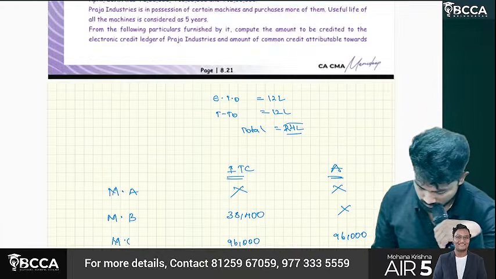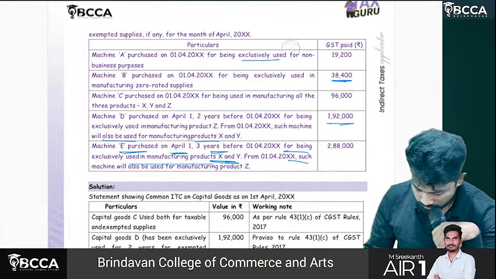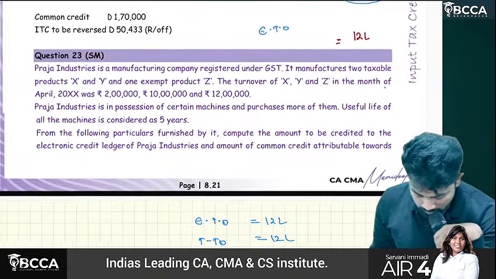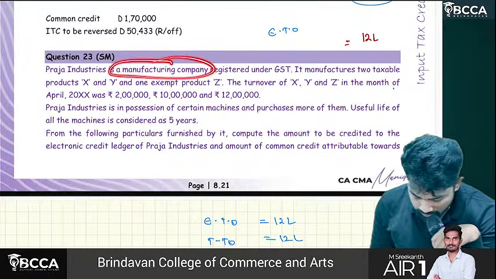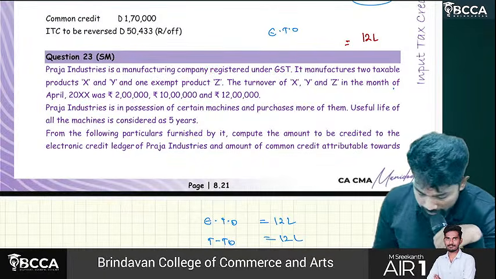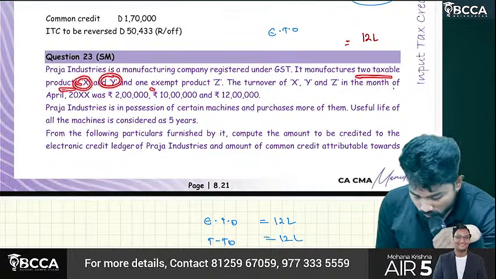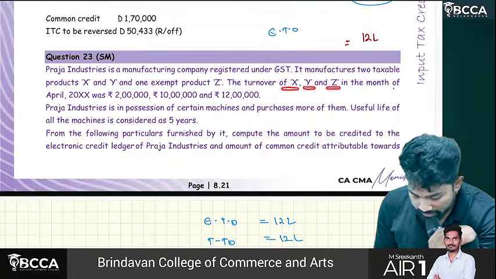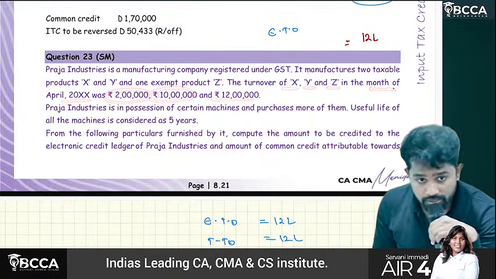See question number 23. Praja Industries is a manufacturing company registered under GST. It manufactures two taxable products called X and Y, and one exempt product, Z. The turnover of X, Y and Z in the month of April was 2 lakhs, 10 lakhs and then 12 lakhs.